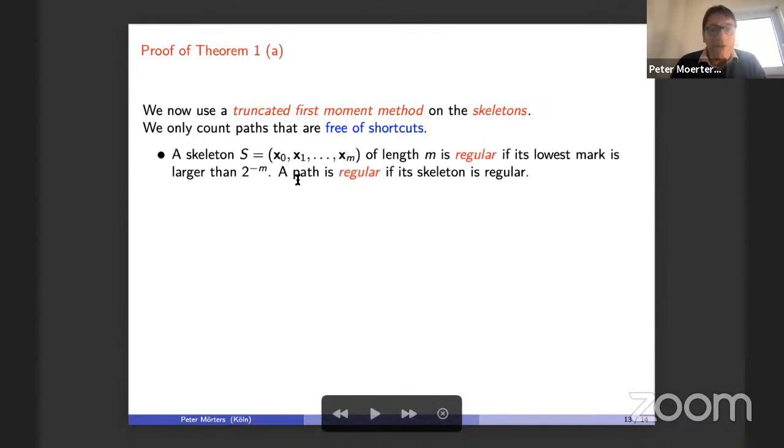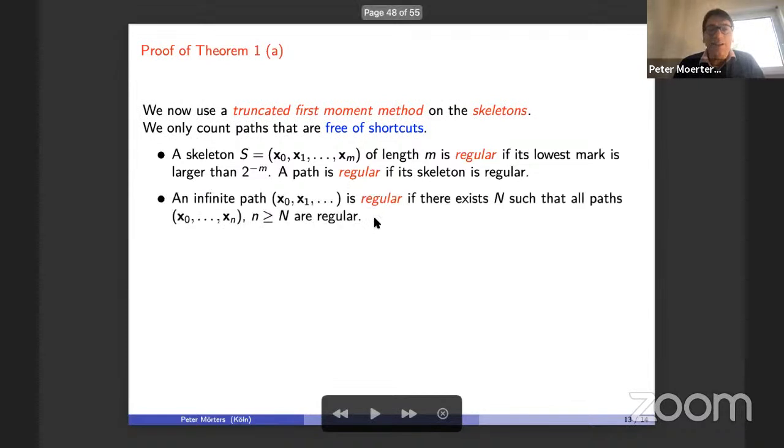You look at the skeleton, and it's regular if its lowest mark is larger than 2 to the minus m, where m is the length of the skeleton, and the path is regular if the skeleton is regular. And an infinite path is regular if all paths from a certain length on are regular.